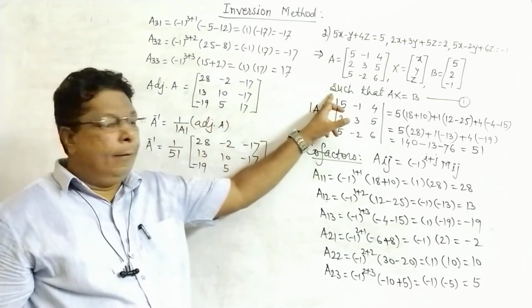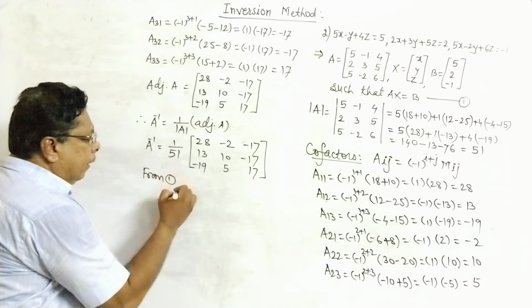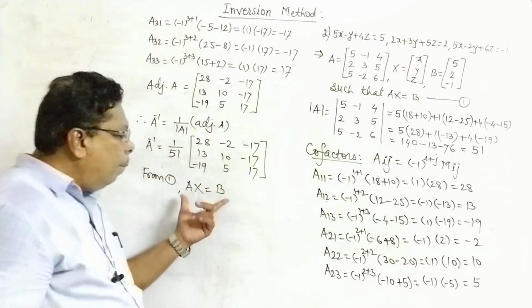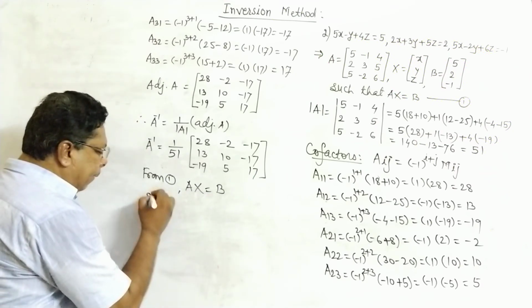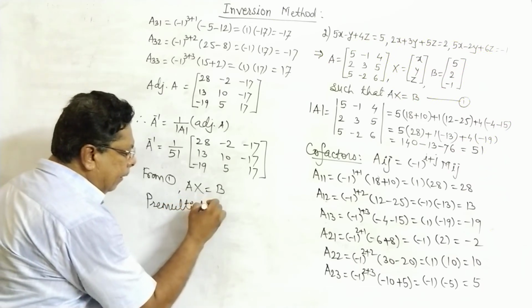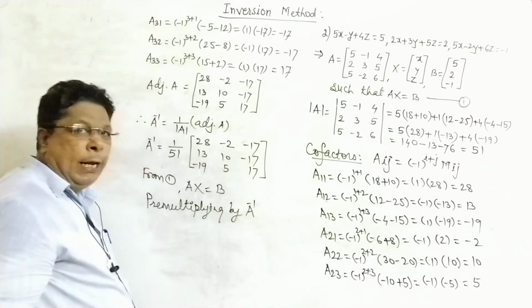Now see the first equation: Ax is equal to B. Multiply this equation by A inverse, pre-multiplying by A inverse to both the sides.